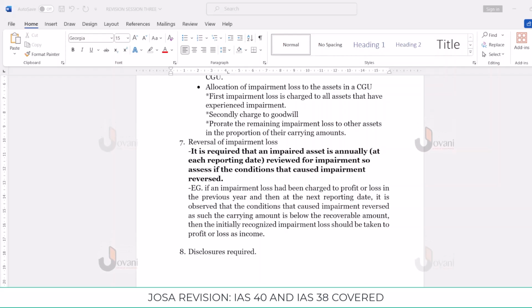If the impairment loss was taken to profit or loss, it must go to profit or loss as income. Just as you said, you are not against the standard, you are trying to be inquisitive. You get it?